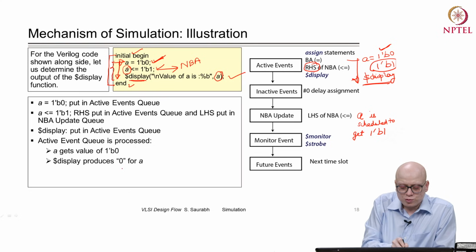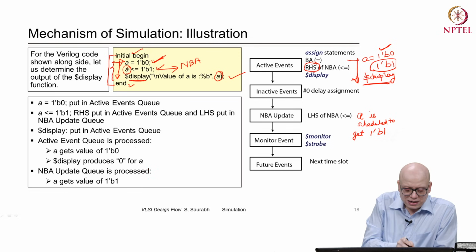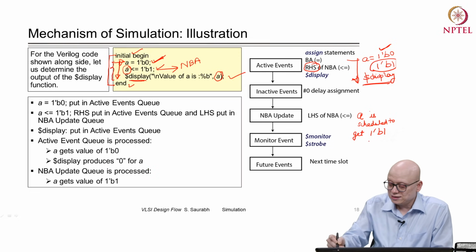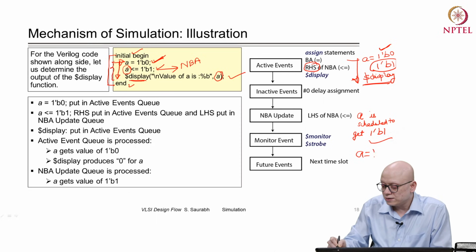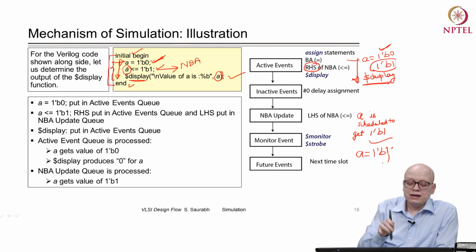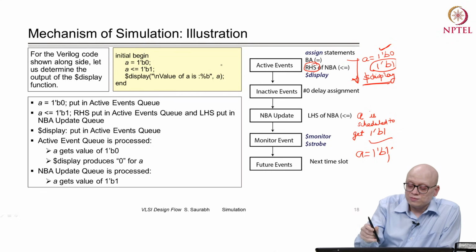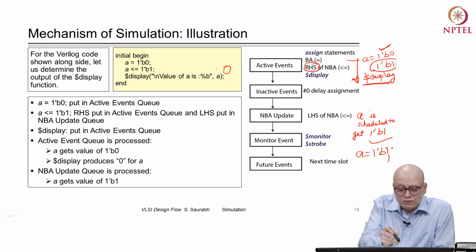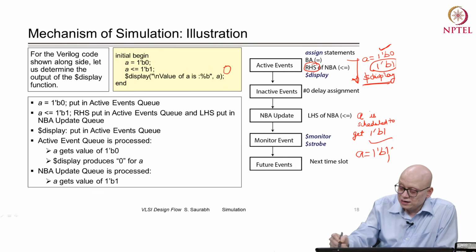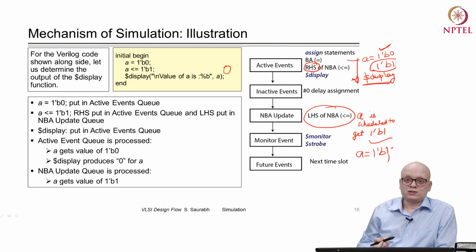So display will produce a value of A, and then the NBA update queue is processed, and A will get a value of 1'b1, right.